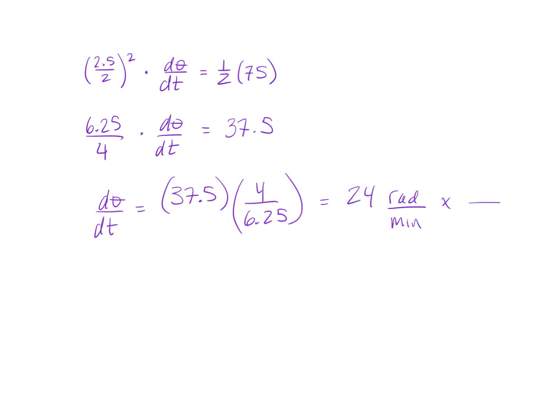And I want my minutes to cancel. So I'm going to have 1 minute to 60 seconds. My minutes cancel. So I have 24 over 60, which is 0.4 radians per second.